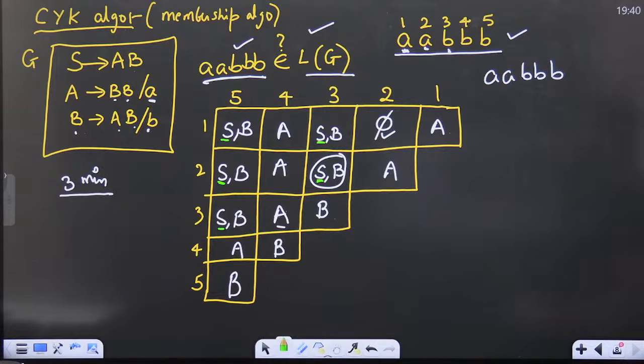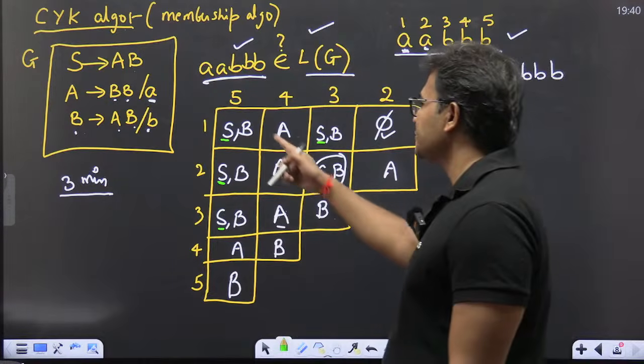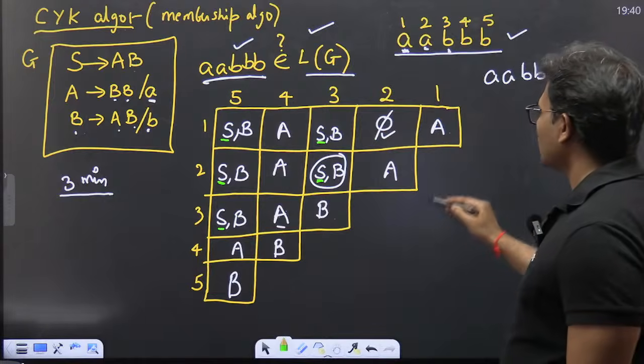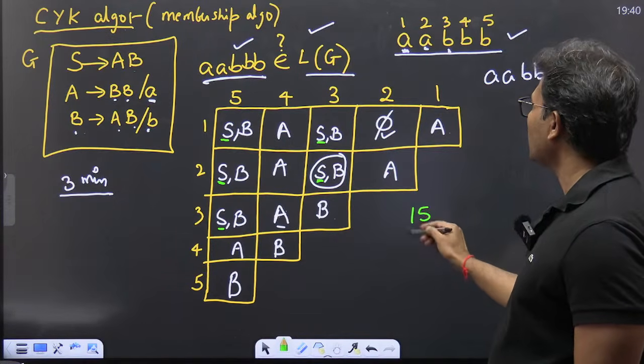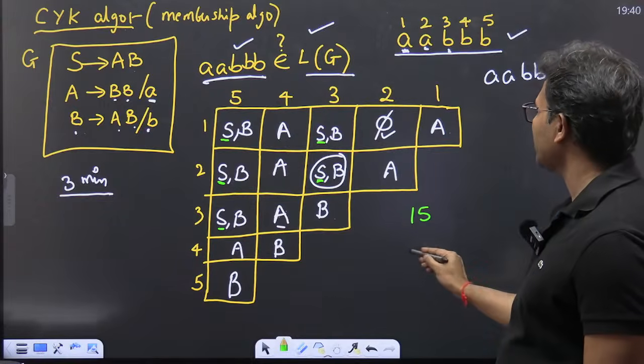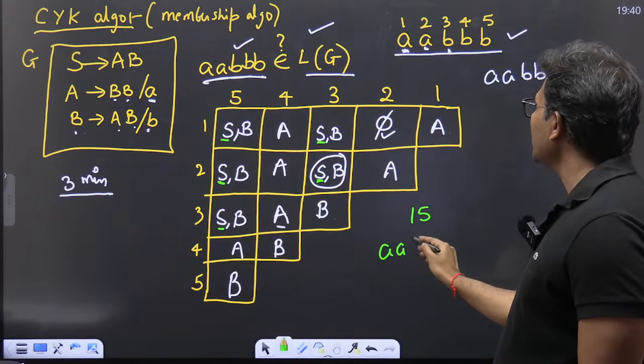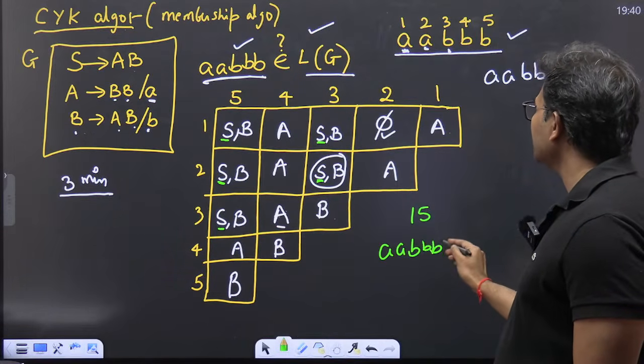What are all the substrings? S is here, which means 1, 5 is a substring. 1 to 5 means 1, 2, 3, 4, 5, which means A, B, B, B is present in the language.